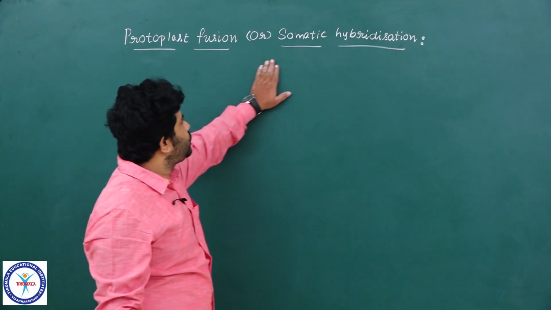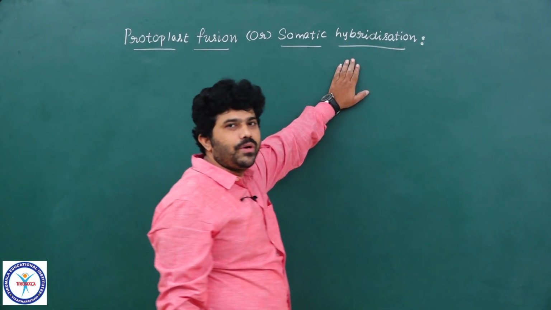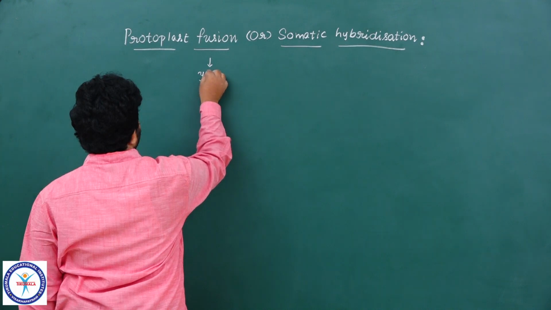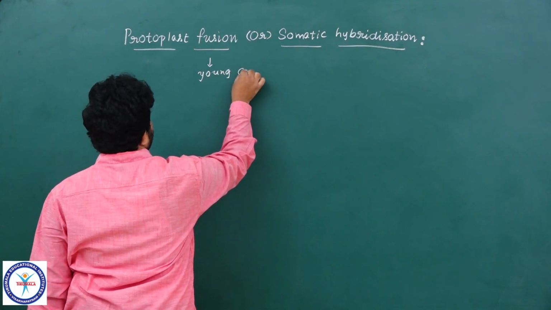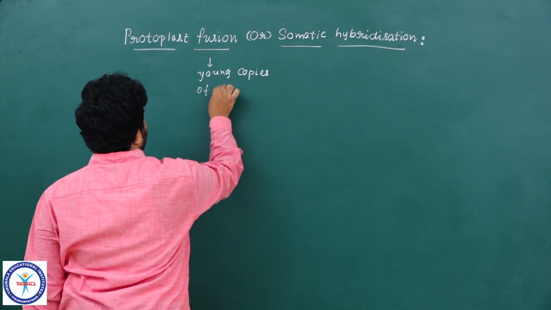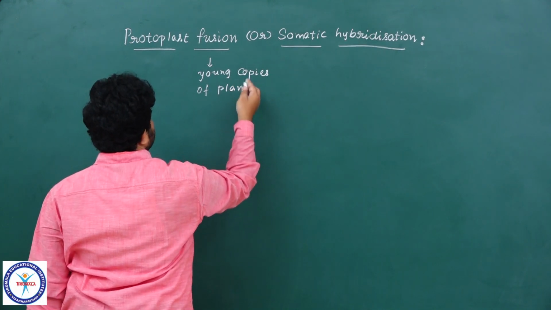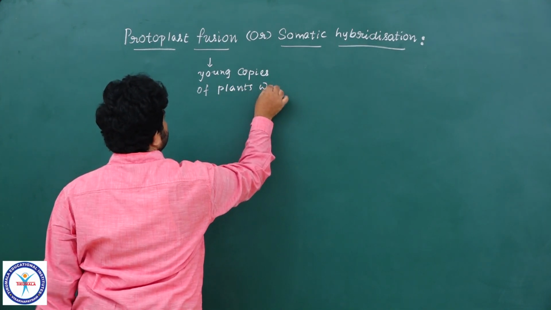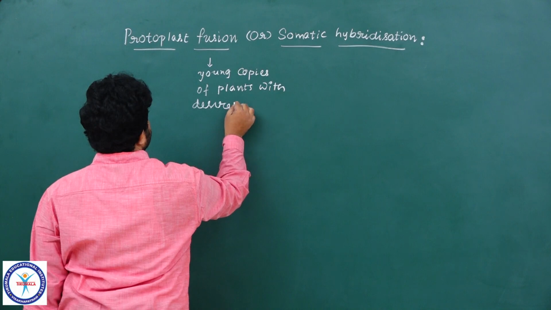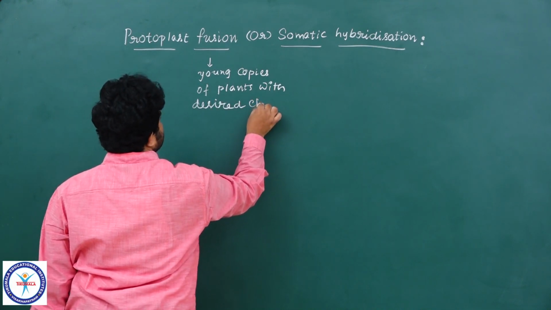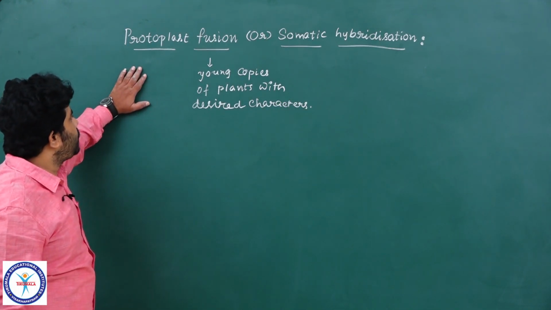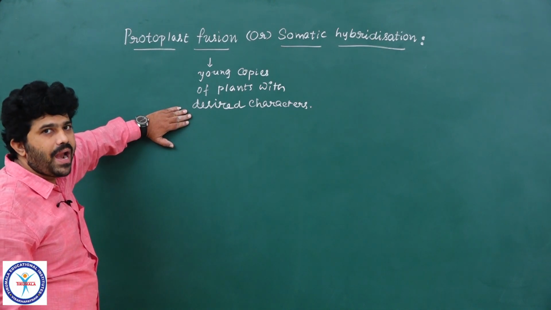Protoplast fusion or somatic hybridization is a very important process for producing young copies of plants with desirable characters, with desired characters.